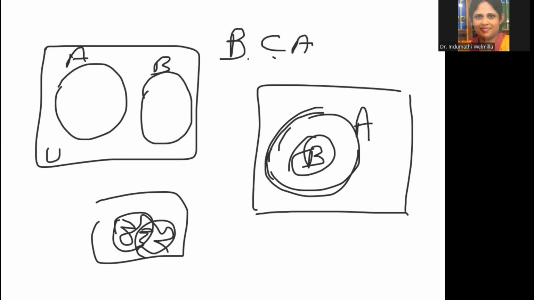So I think those things you have to understand now. In this session there is not enough time to discuss everything, but it is better if you practice set questions, how to represent or show given information through a Venn diagram.